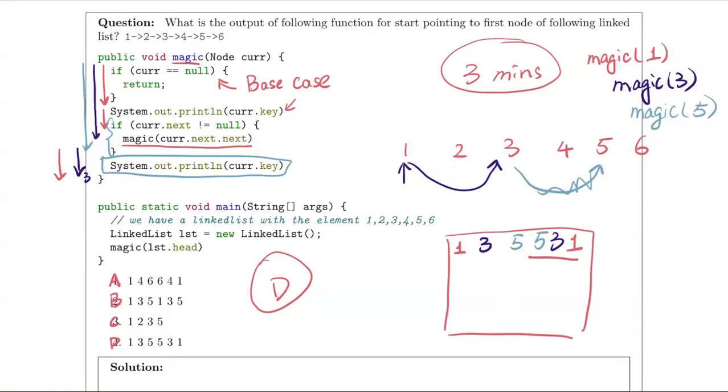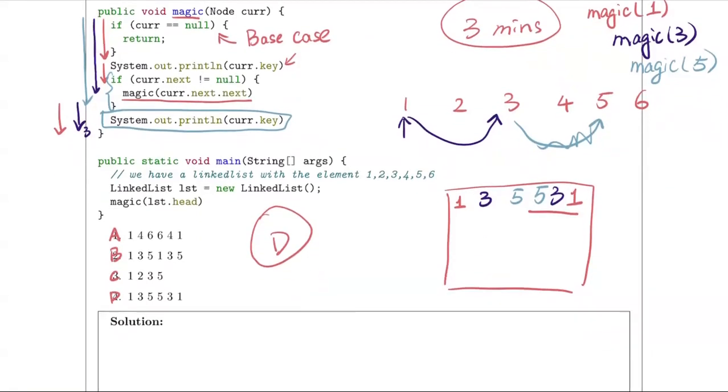So there is another call, but that call is the base case, so I didn't write it. So there is another magic here. The base case is magic. Right, because if current equals 5, current dot next is 6, and current dot next is not null, which is the base case.